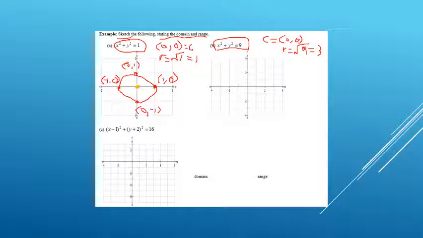So I'm just going to mark in the centre of the circle, which is this point here. And once again, the easy way to do this is to go out exactly 3 units to the right, so it's going to go through the point (3, 0). We go up 3 units from the centre, so we get to here, which is the coordinate (0, 3).